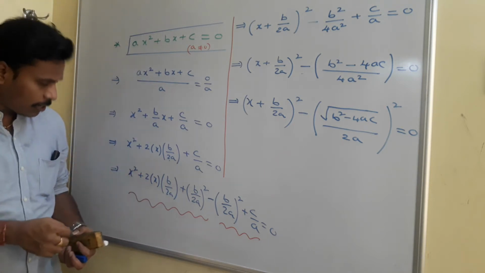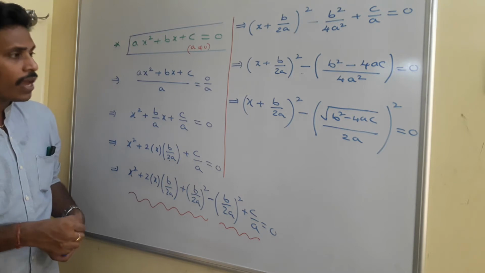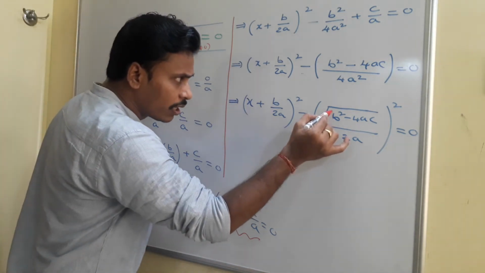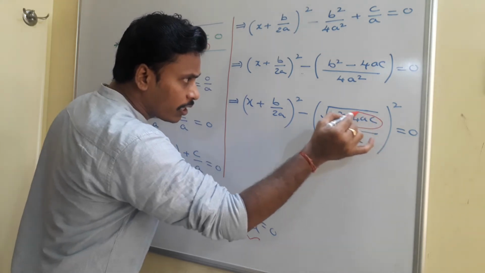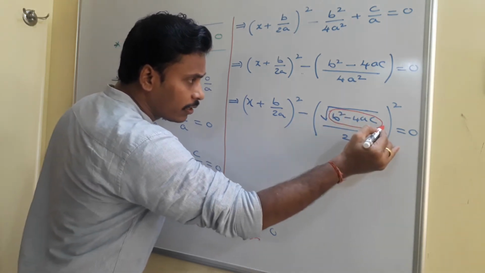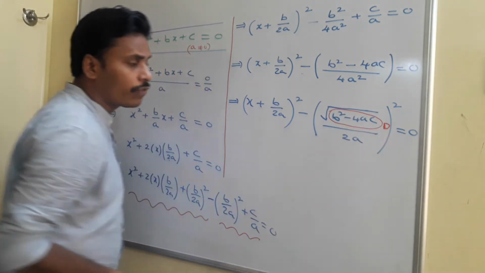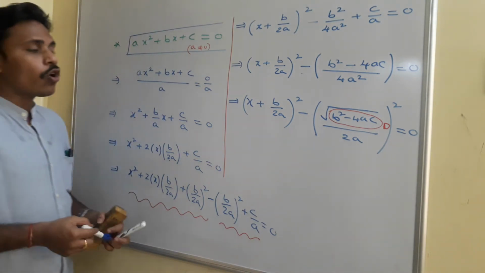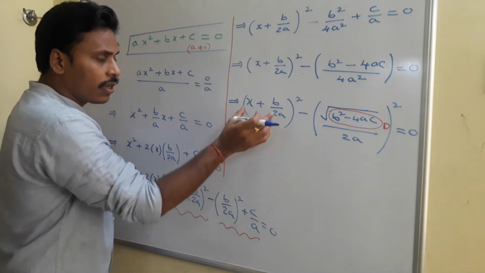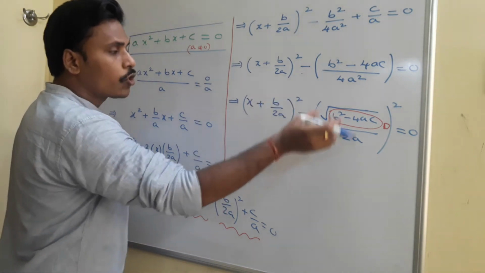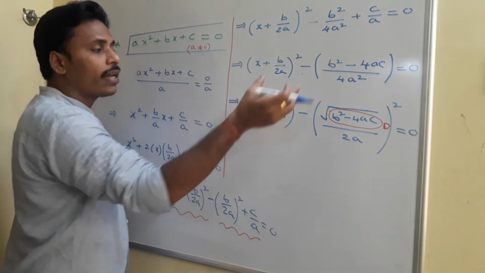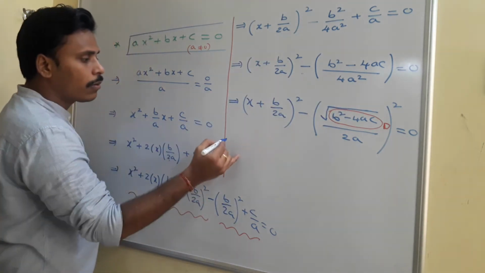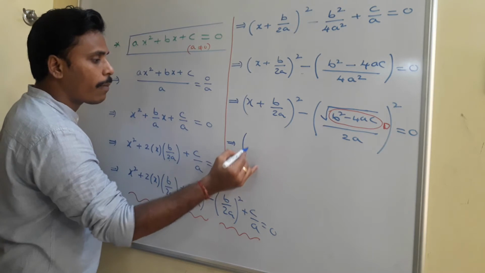For the space concern and just for our understanding, I am indicating this b square minus 4ac as d, just for my convenience, right? So in the next step, look at this, some p square minus q square, or a square minus b square, or alpha square minus beta square is nothing but alpha plus beta into alpha minus beta.